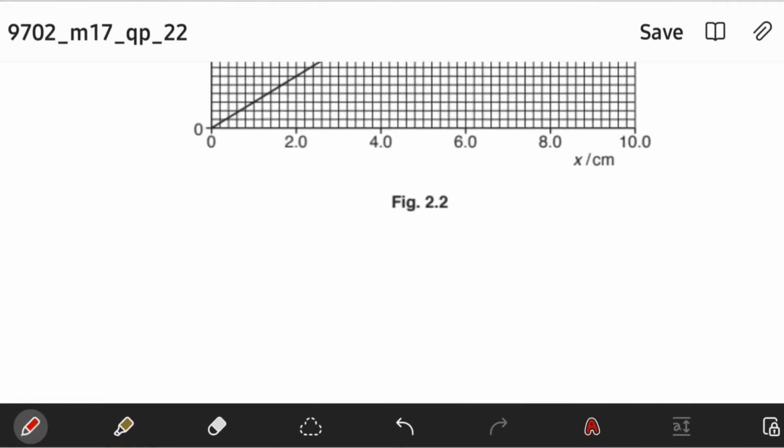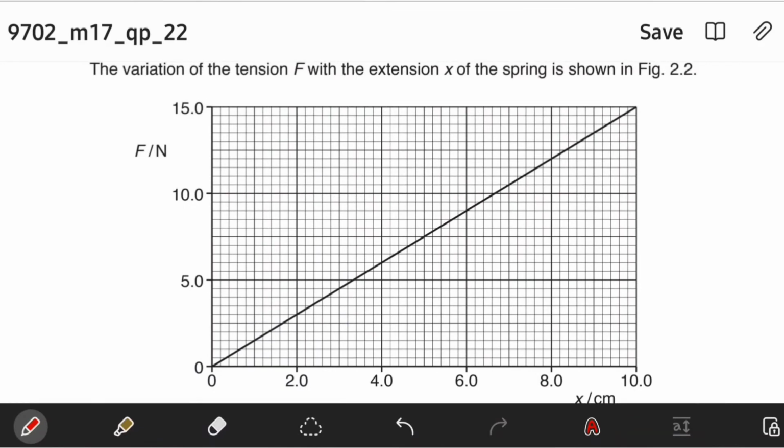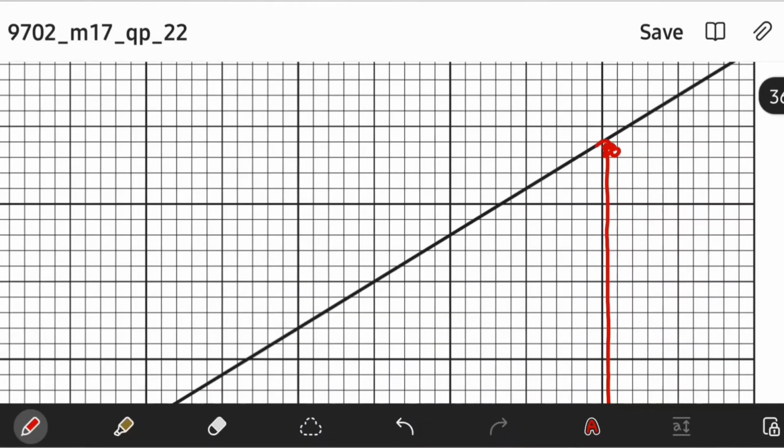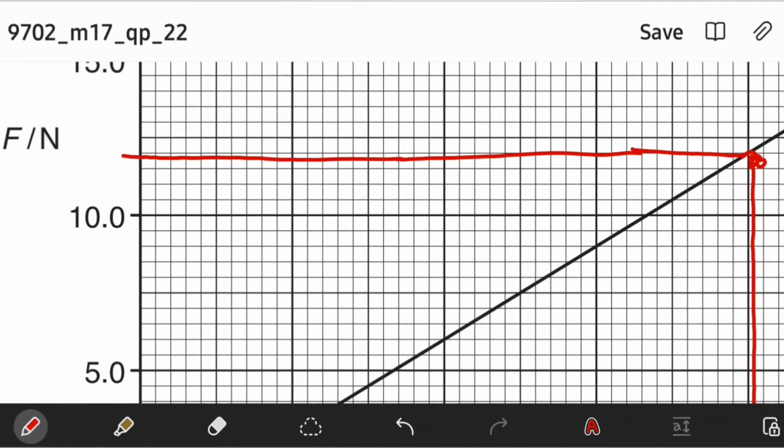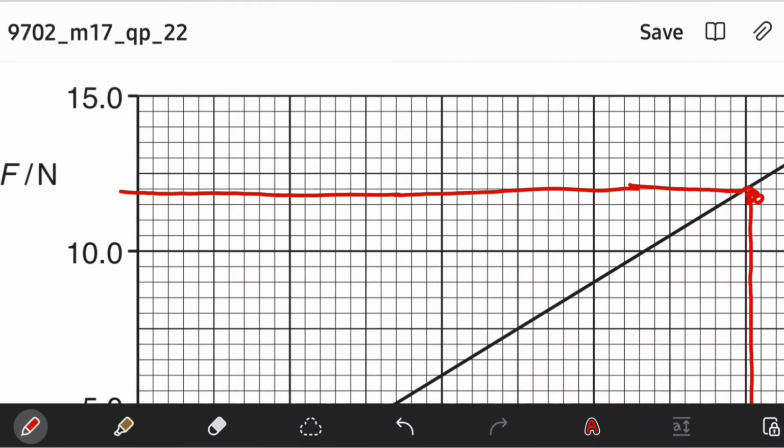So at 8 centimeters, the force is 10, no sorry, it's 12.